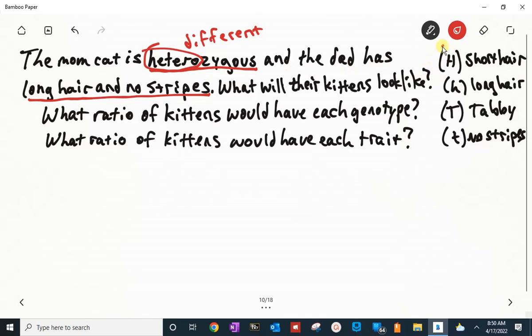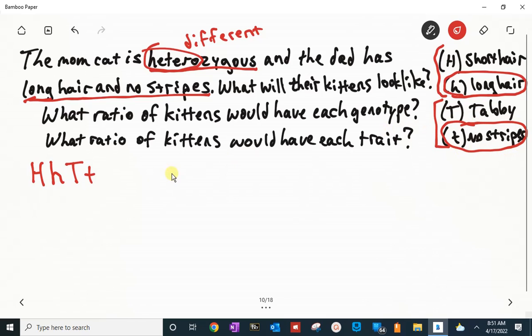So for hair length, she's going to have one capital H for short hair and one lowercase h for long hair. And for coat pattern, she's going to have a capital T for tabby and a lowercase t for no stripes. And then the dad is going to have long hair and no stripes. Those are both recessive traits.